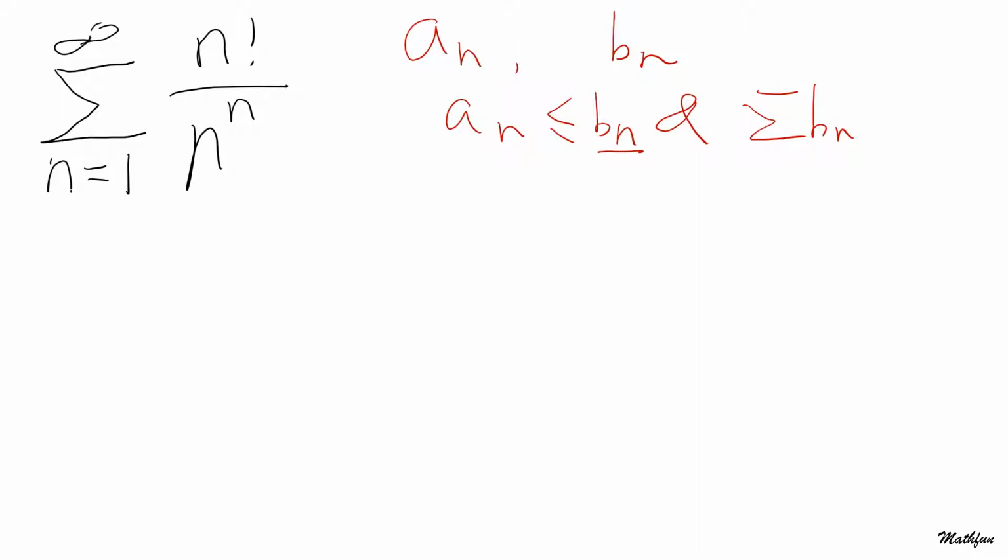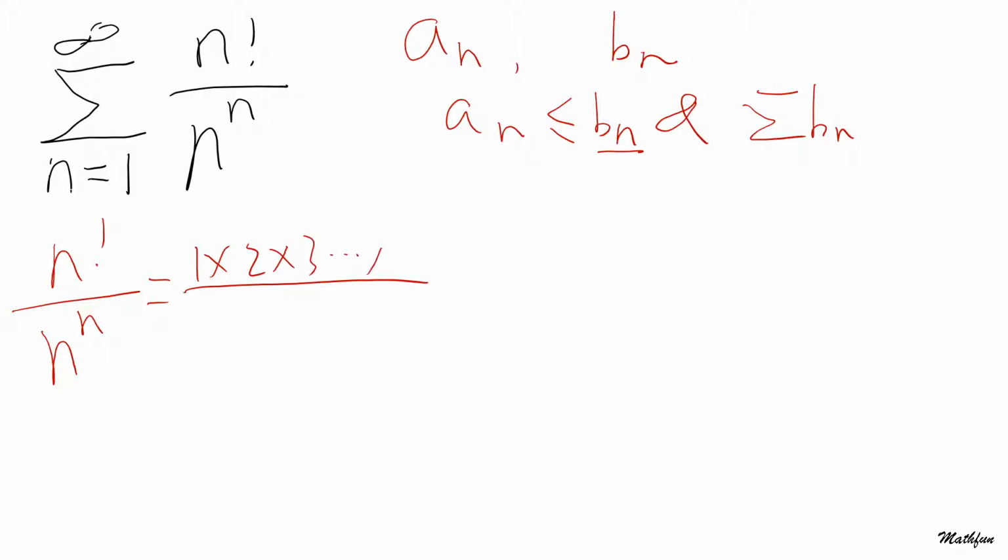So how do we do that? Well, let's try it that way. We have n factorial divided by n to the power of n. Now n factorial by definition equals 1 times 2 times 3 and continue, until times n, easily, right? n to the power of n, that's simple. That is n times another n times another n and continue, times another n.